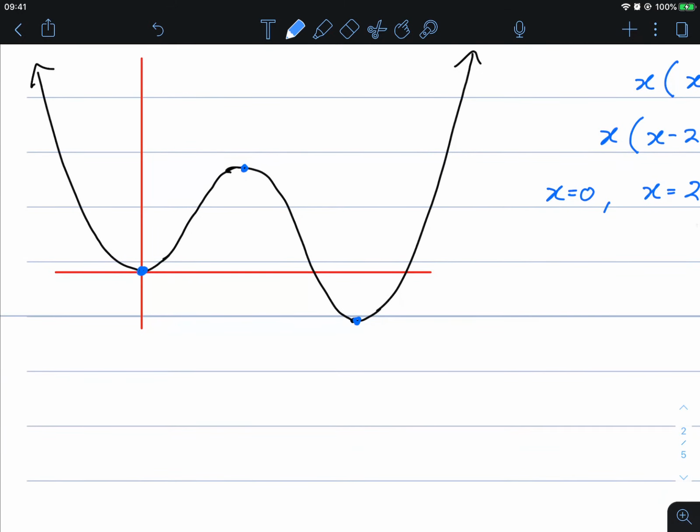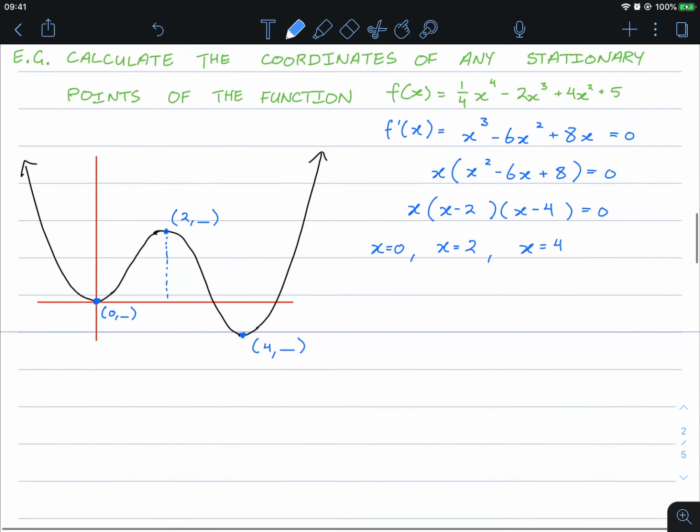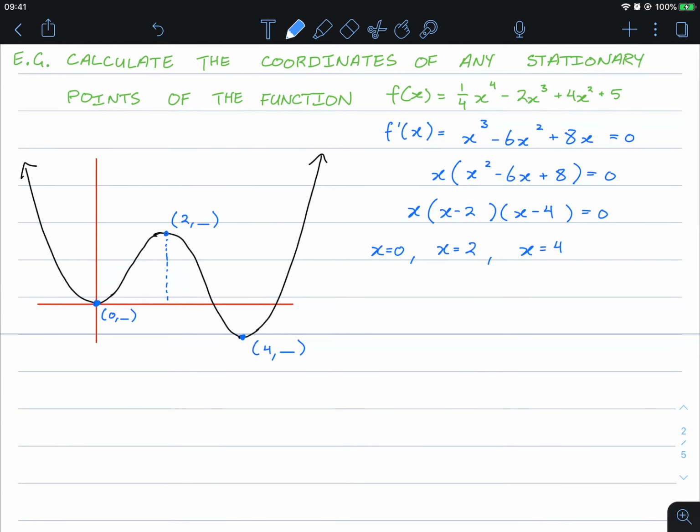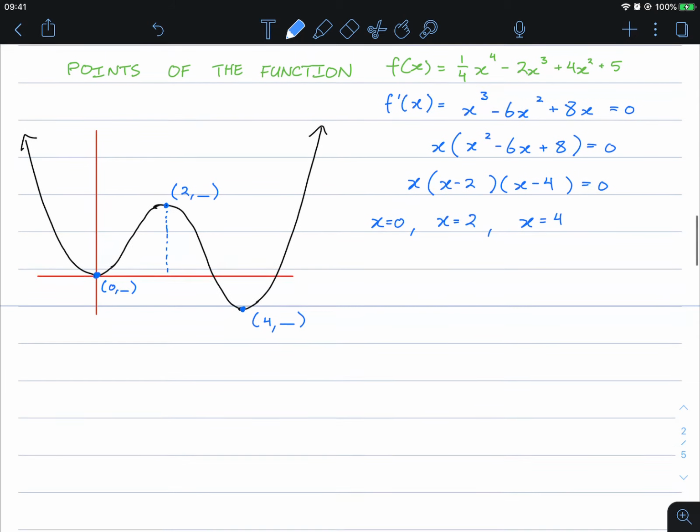So the x coordinates of this are 0 something. X coordinate of this one is 2 something, and this one would be 4 something. Well, because we're looking for the coordinates, now that we have the x values, we can just use the original function to find the y values at those points.